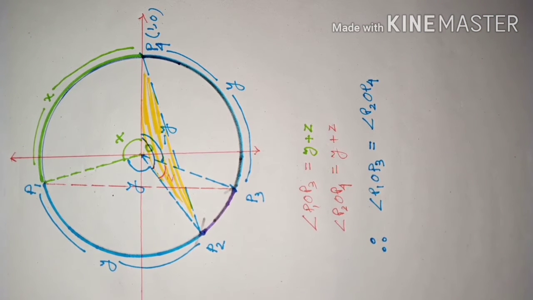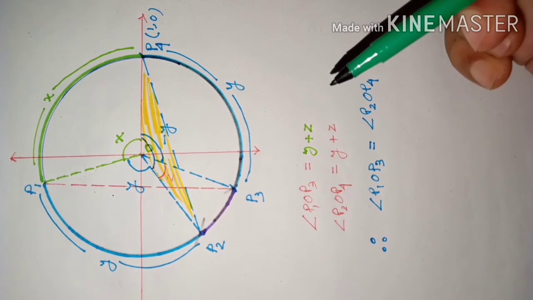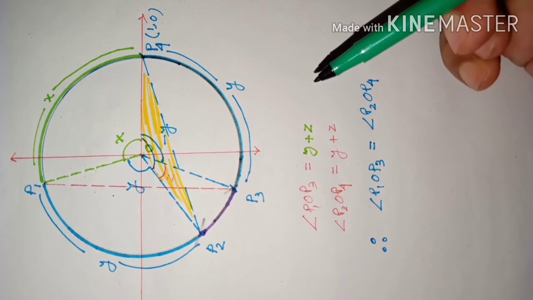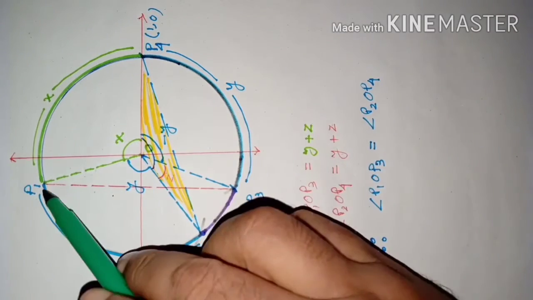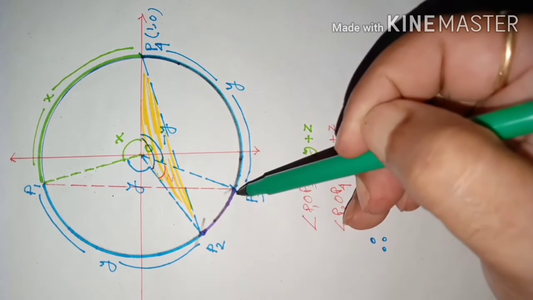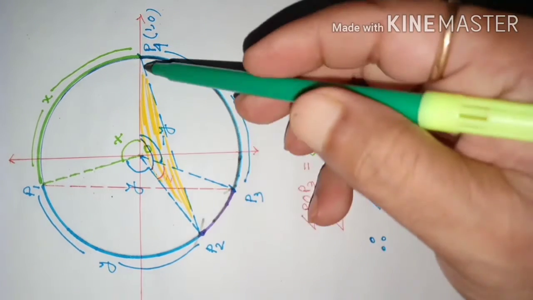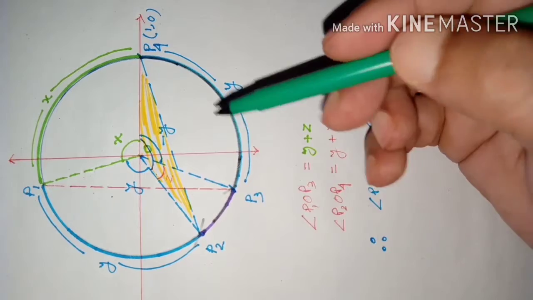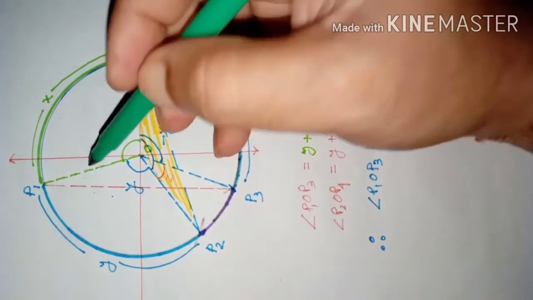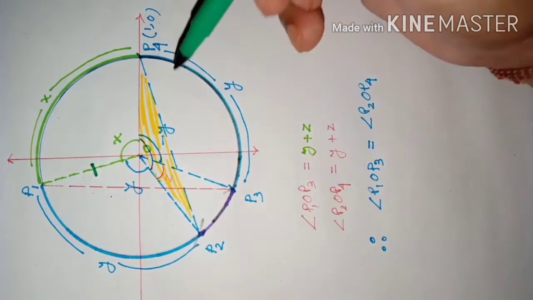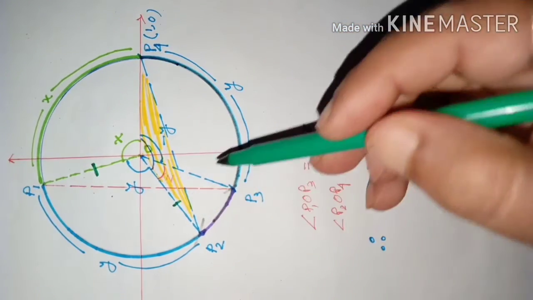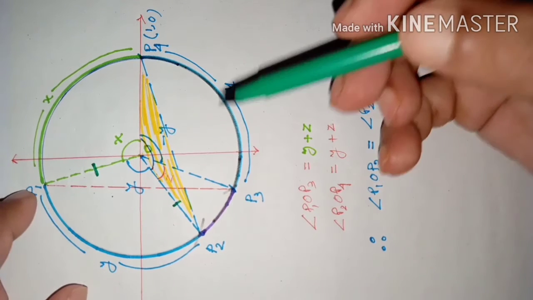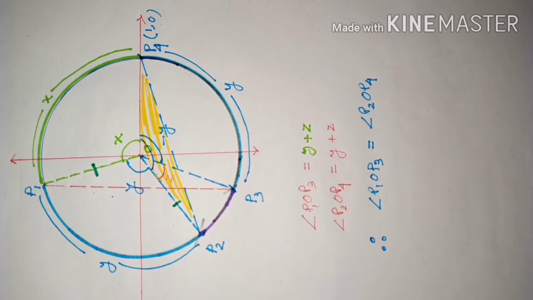Now look at the triangles as I direct you. One is P1 O P3, another is P2 O P4. In these two triangles, if you notice carefully, OP1 is equal to OP2. Why are they equal?